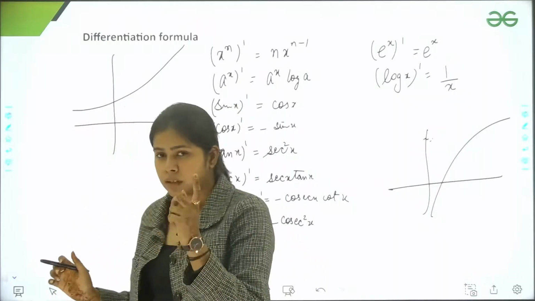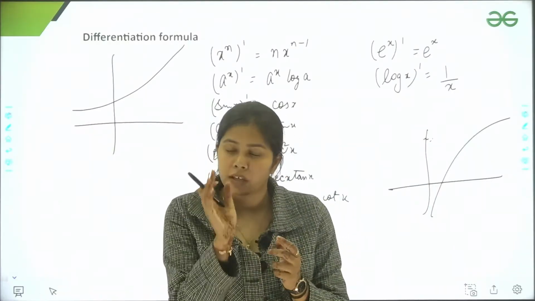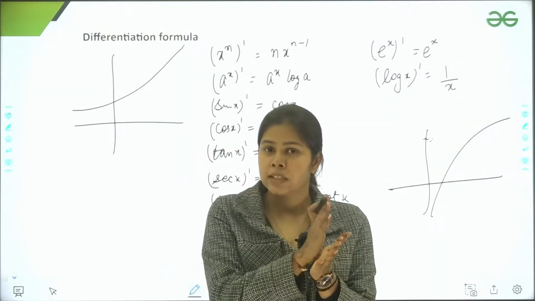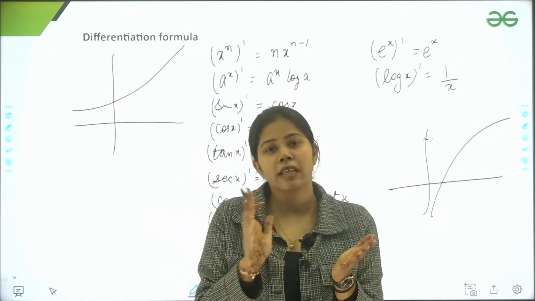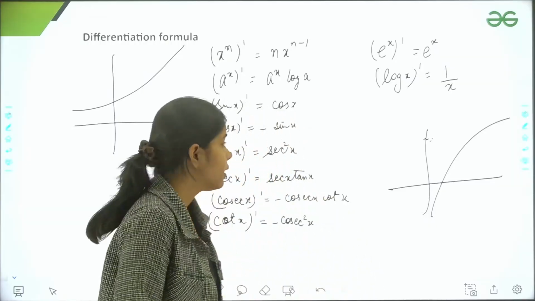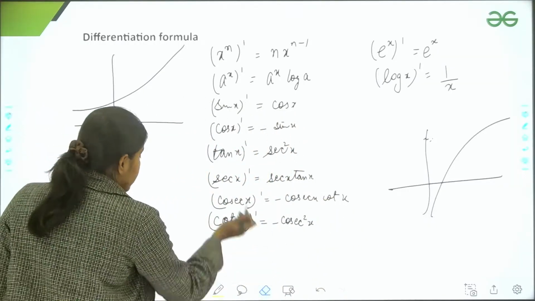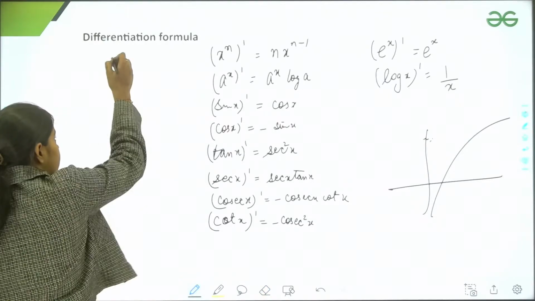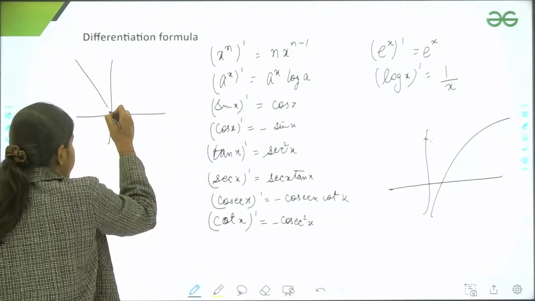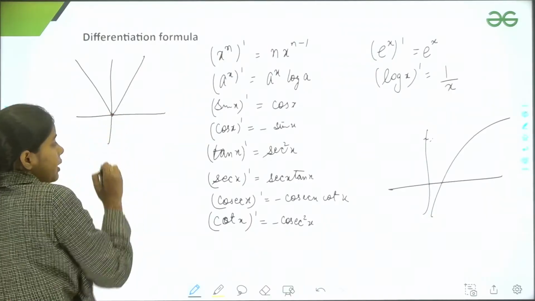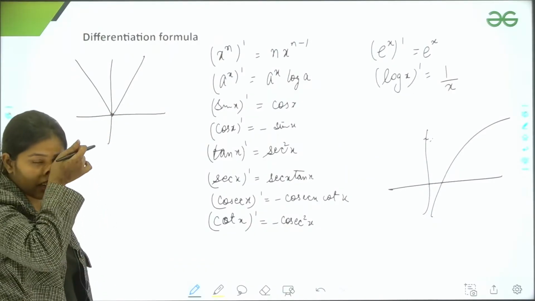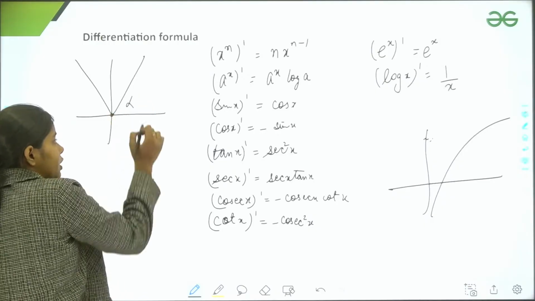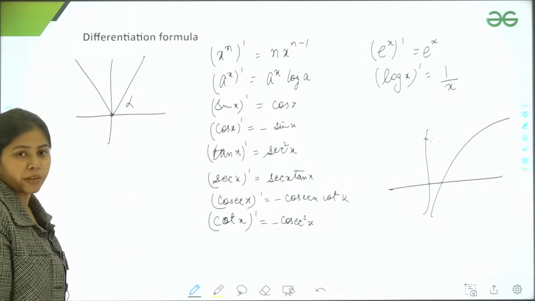And guys, I told you one thing, continuous functions are those where, if there is no break, then I'll say that the function is continuous. But if I talk about differentiation, let's suppose we have this sharp point, right? I cannot draw any tangent on the sharp point, so that means this function is not differentiable at this particular point.